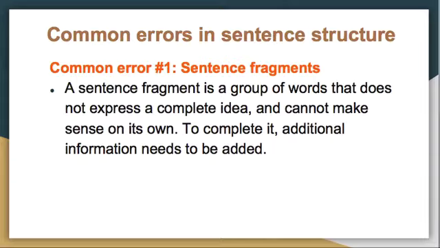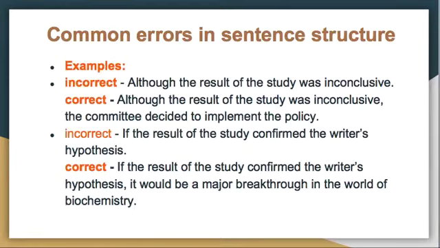In the example of dependent and independent clauses, sentence fragments are most of the time dependent clauses that need some other details to complete the thought. From the examples, we can identify the correct and the incorrect sentences, the sentence fragment error.